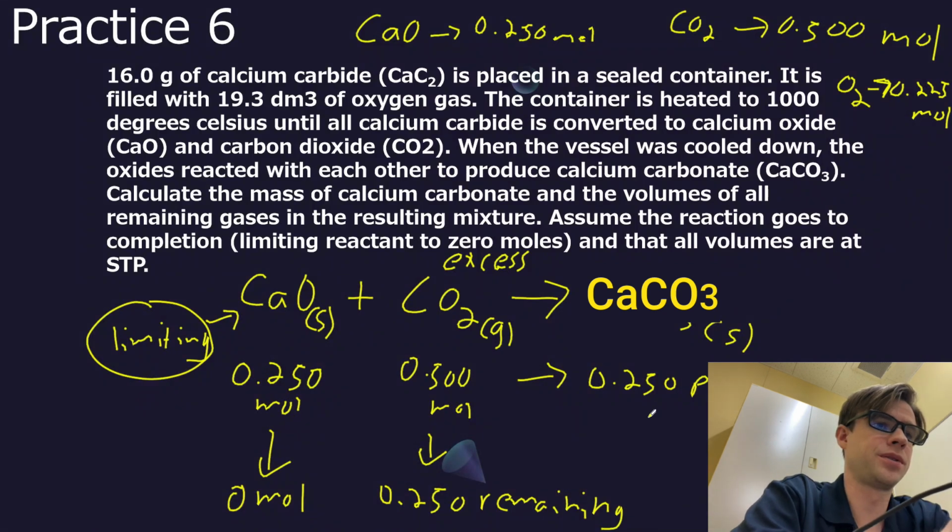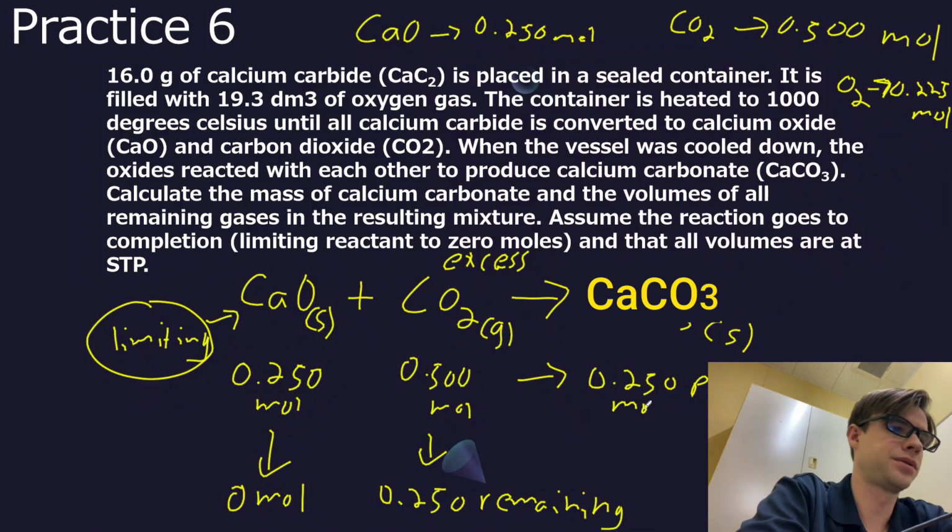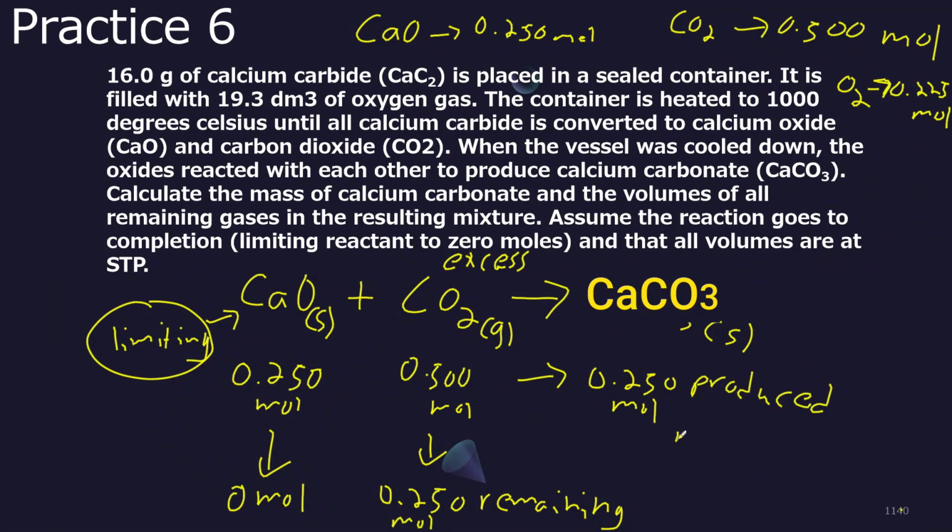So if we have 0.250 moles, we can take the mass equals moles times molar mass, 0.25 mole times molar mass of calcium carbonate.